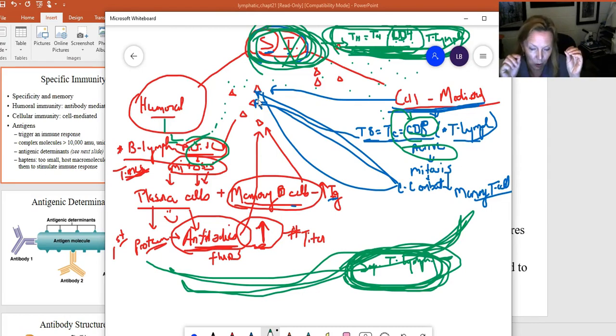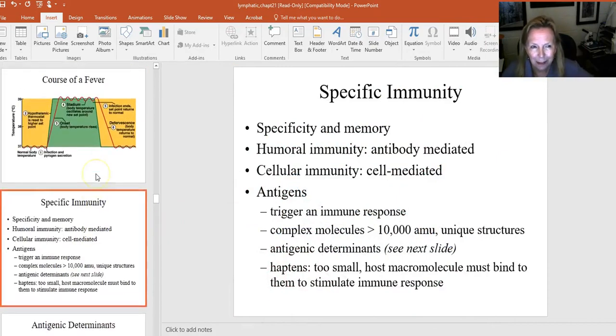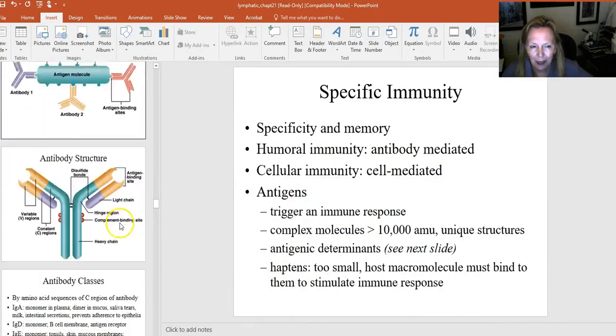And when you were hearing about those, you've already gotten a heads up that antibodies are proteins that can attack, annihilate, take out, destroy, neutralize specific antigens. Okay, so you've heard about that before. Now I want to talk more about these memory B cells that produce immunoglobulin, but I'm going to go back to my specific immunity for a second for that.